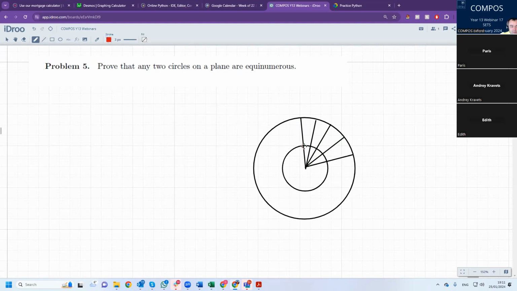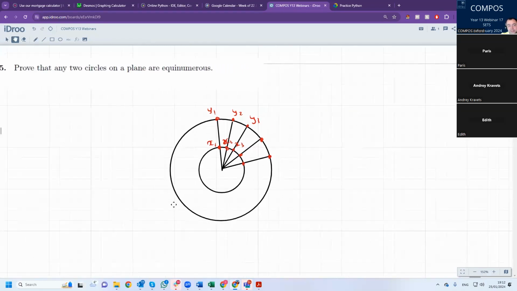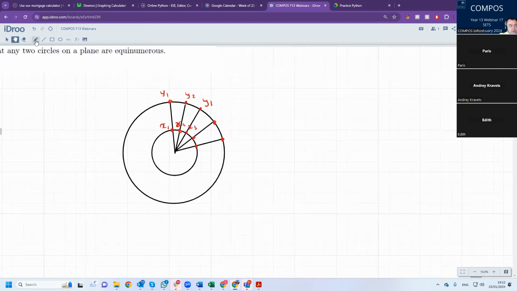And you can see that every point on circle 1, so x1 corresponds to y1, x2 corresponds to y2, x3 corresponds to y3, etc. And you can see that every point on circle 1 has exactly one corresponding point on circle 2.